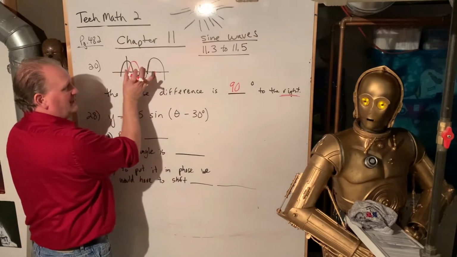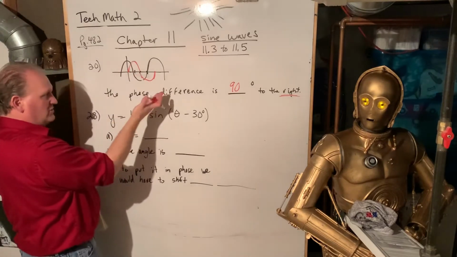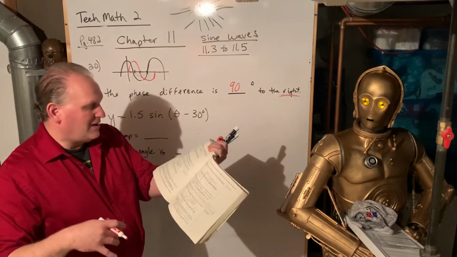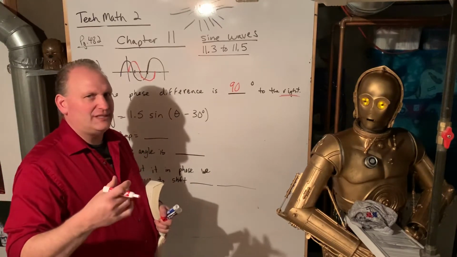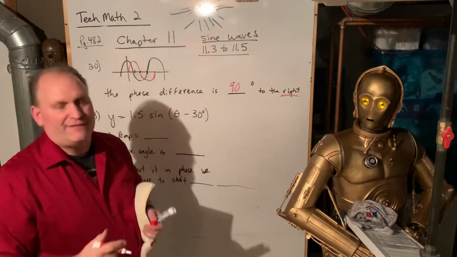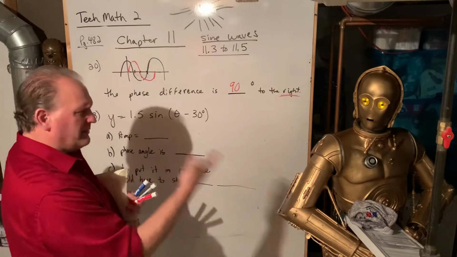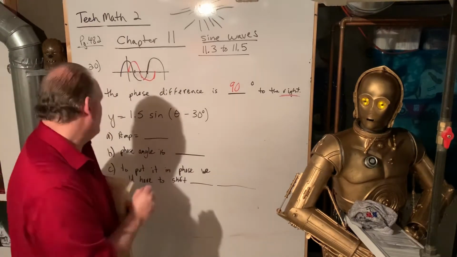If we picked it up and slid it 90 degrees to the left and dropped it, that's the picture that we have. That's that picture in black. They always ask it in this book, like, what would I have to do to it in order for it to be in phase? So they're asking how to put it back instead of where it actually moved, which I think is sort of backwards, all right?